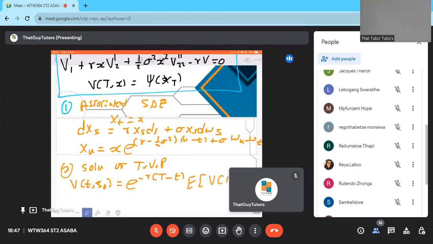So as you can see, now we are going to apply what we have learned previously on the Feynman-Kac method to the Black-Scholes partial differential equation.